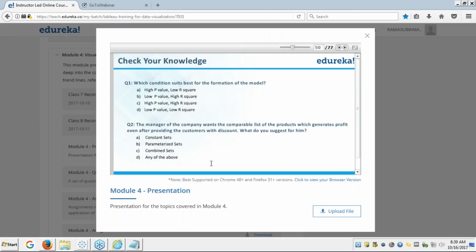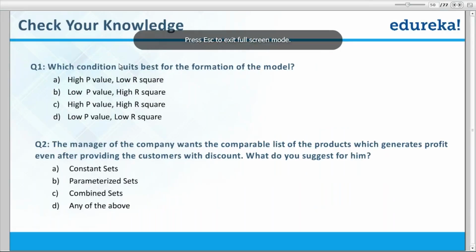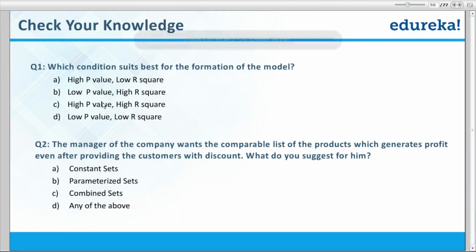Okay, first one most of you have answered is B, and second one is B as well. For first one it is B, and second one, manager of a company wants a comparable list of products which generates profit even after providing customers with discount.